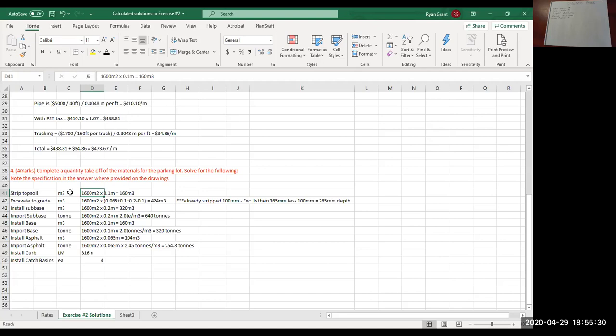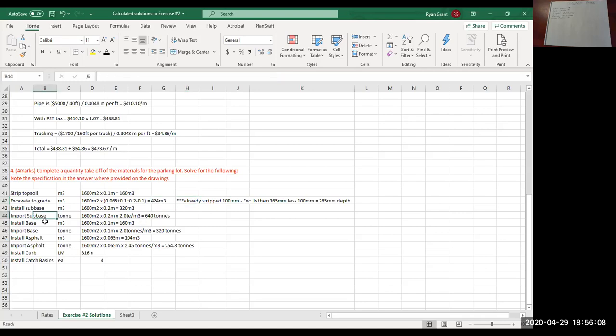Now, because you've already stripped 100 millimeters in this first item, you don't actually deduct 365, you only deduct 265. Sorry, you only cut 265 deep. That's 0.265 meters. That's what this note means here. So your excavation depth is no longer 0.365, it's now 0.265 for this item. So 1,600 times 0.265 is 424.